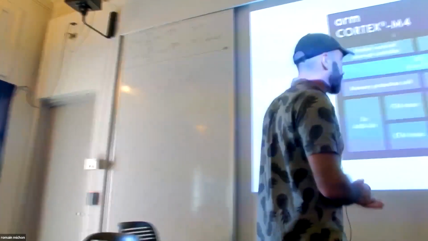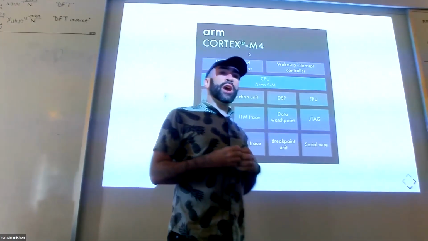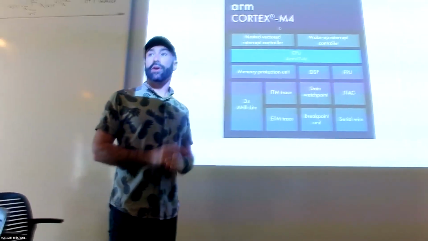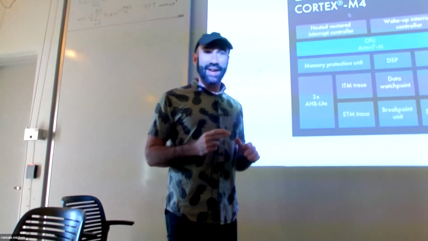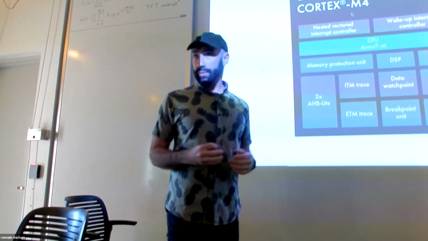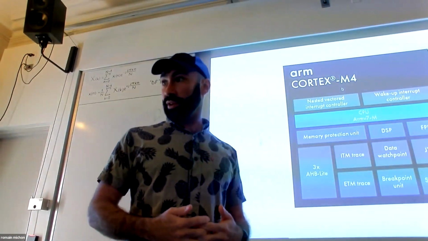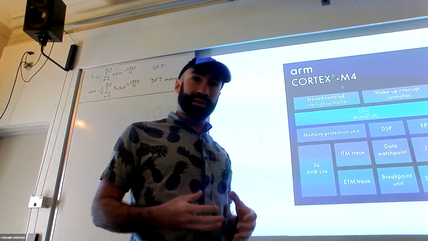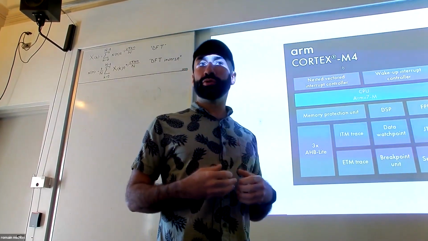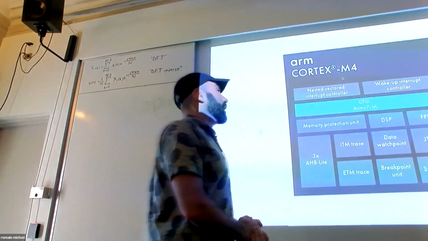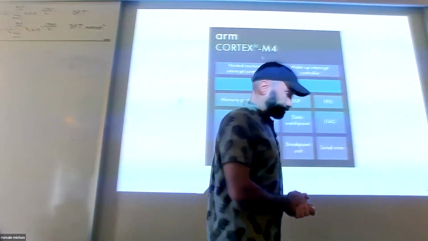But they're not natively supported by the processor on the Arduino, which means that whenever you use floating points on an Arduino, it's going to be very slow. The Arduino is going to take a lot of time to do any kind of mathematical operations.